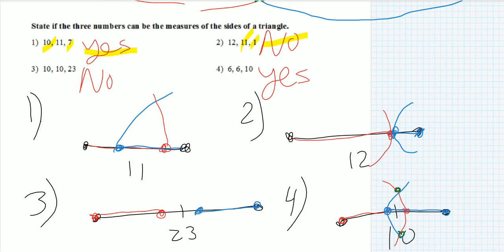No, it's not. 10 and 10, is that greater than 23? No, it's not. 6 and 6, is that greater than 10? Yes, it is. So the shortcut works extremely fast, but you're really not getting a sense of intuition, the whole circles thing. But that is how you determine whether it forms a triangle if you are given the 3 sides.